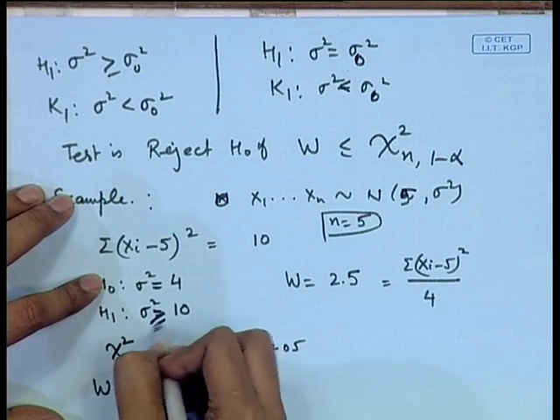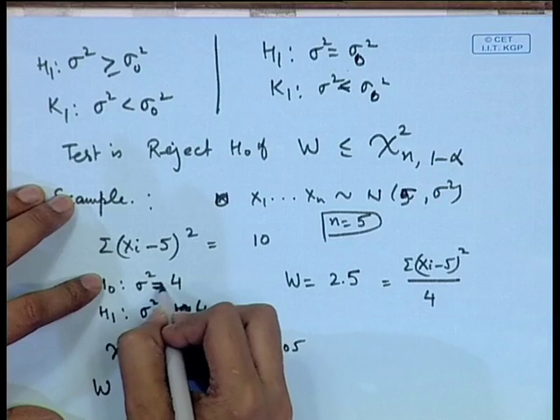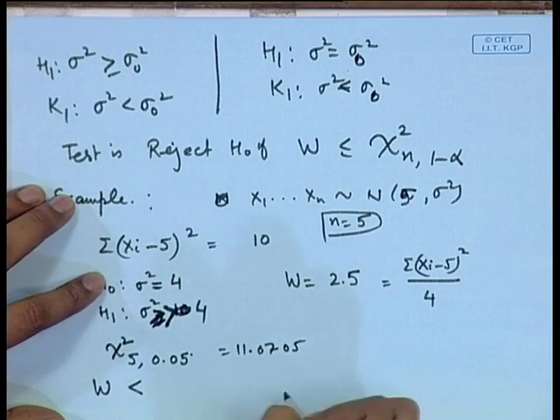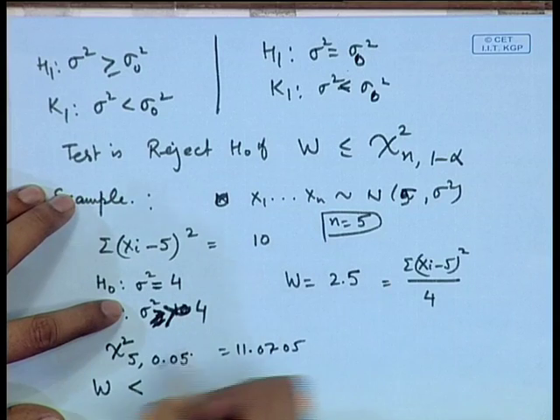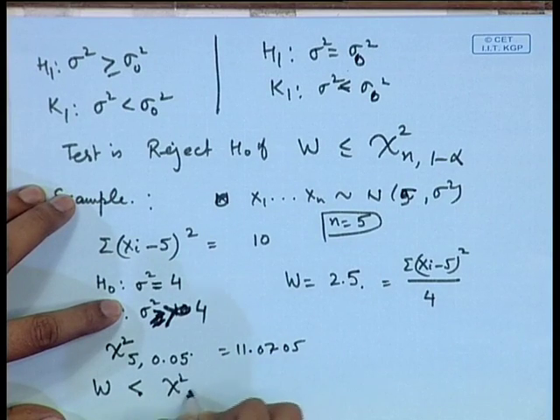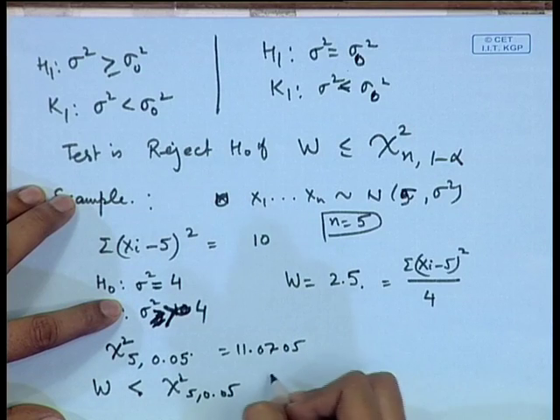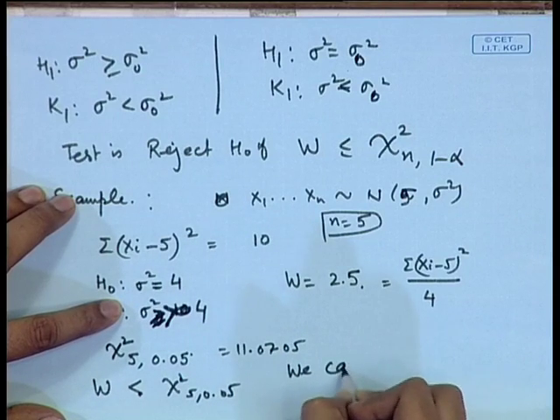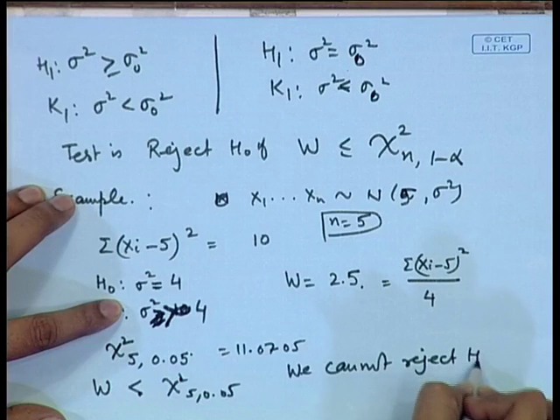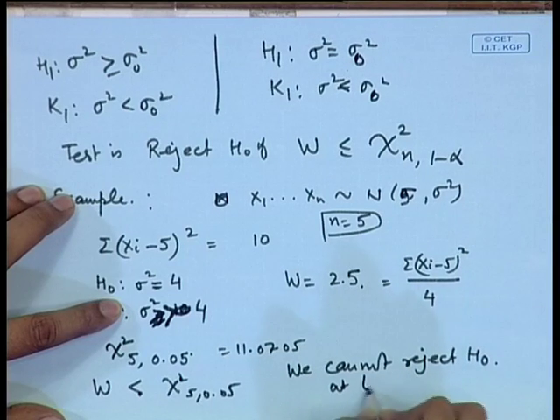So, we may put here greater than or equal to 4, say this is equal to 4 and here greater than 4, suppose I am putting. So, the test is to reject for larger value. So, here W value, that is 2.5, is less than chi-square 5, 0.05. So, you can see here we cannot reject H naught at level alpha is equal to 0.05.